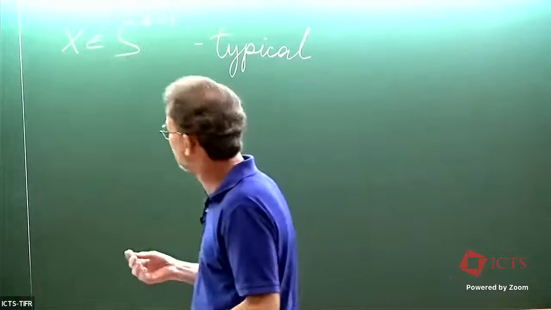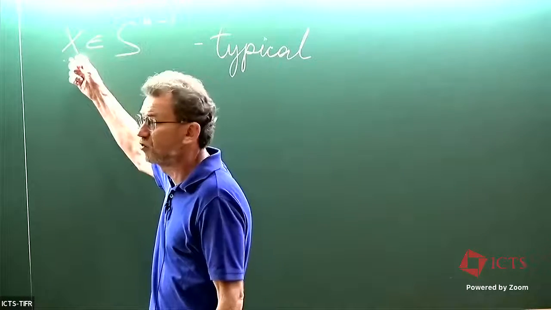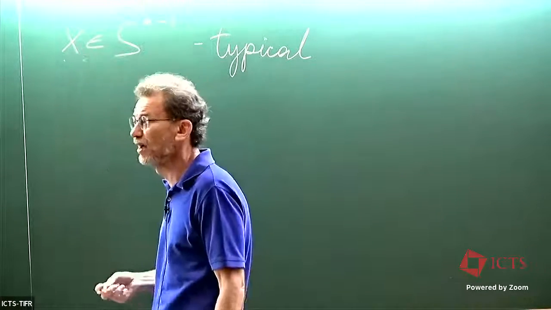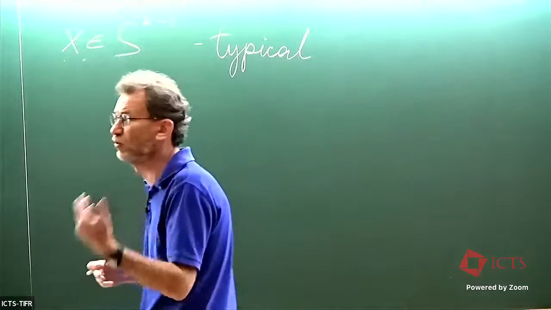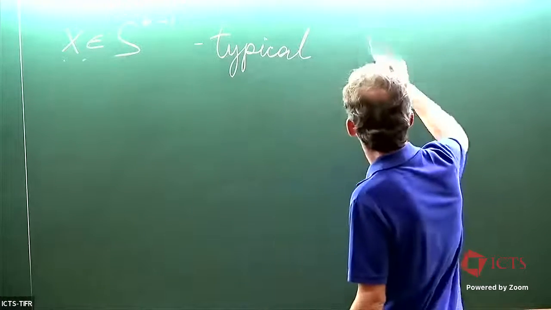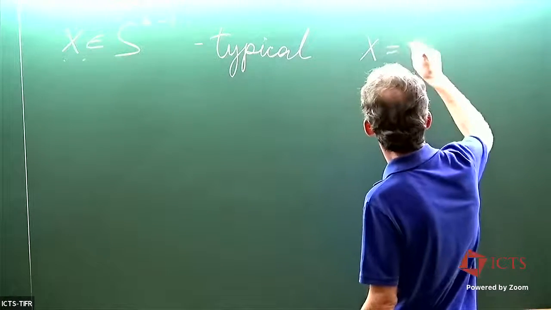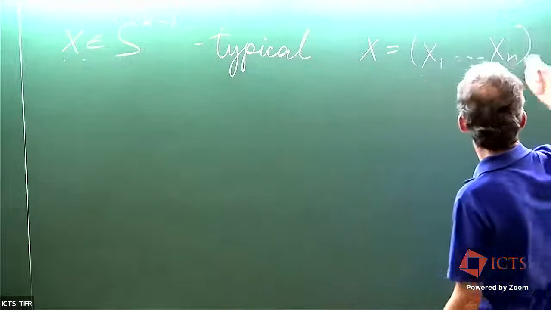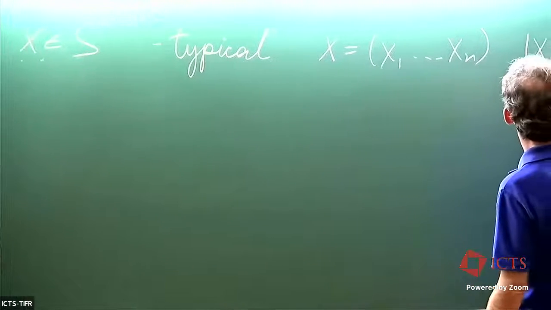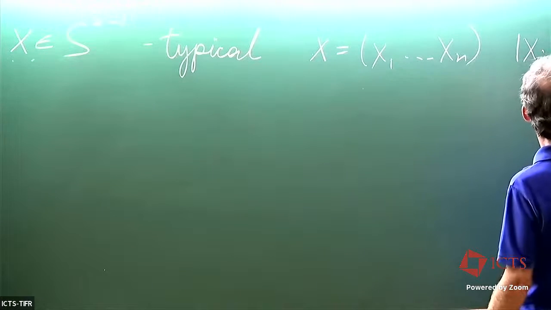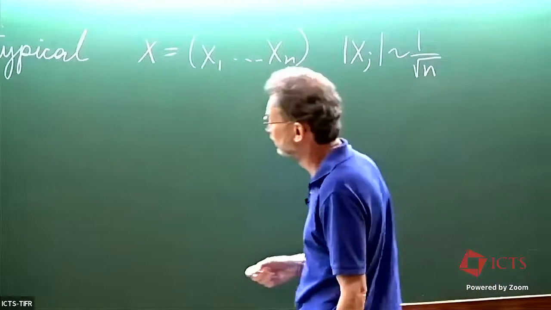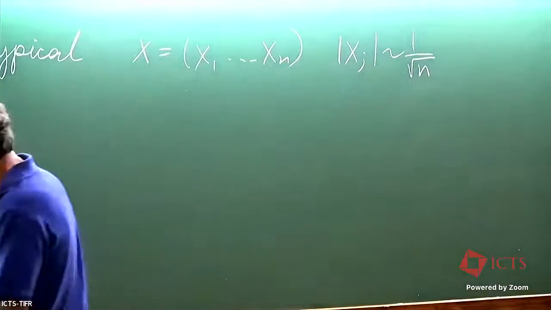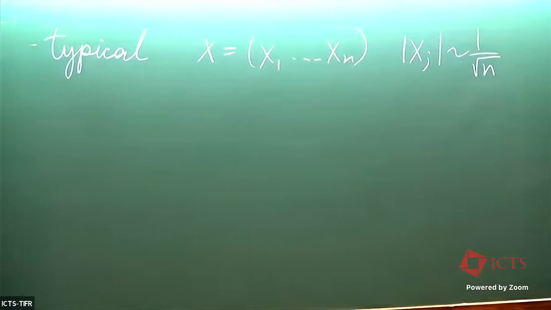The sum of the squares of the coordinates is 1. So each coordinate is about 1 over square root of n. And typically, the absolute value of all x_j is about 1 over square root of n. What can we do with that?